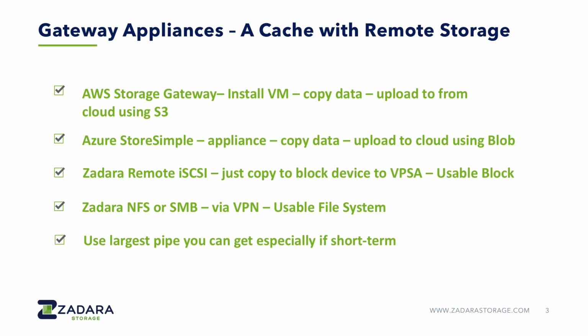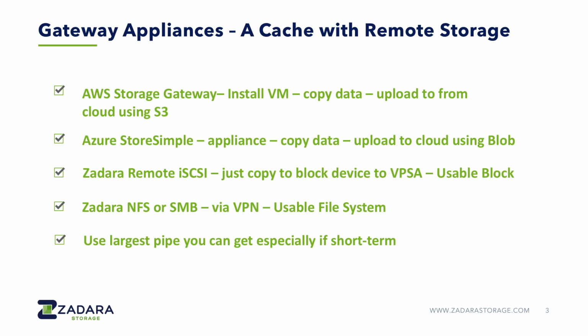Now the back end is going to be S3, and it gives you a caching type of capability, but it doesn't really disconnect you from the cloud itself. There are ways to disconnect and mount some of the data from S3 into EC2, but it's not really a clean way to do it. It serves a purpose if you're going to just use it as an on-premise gateway into the cloud. You can move data back and forth.